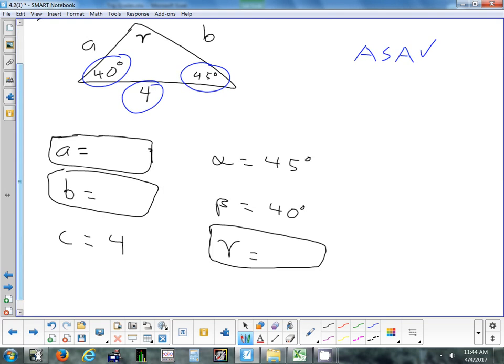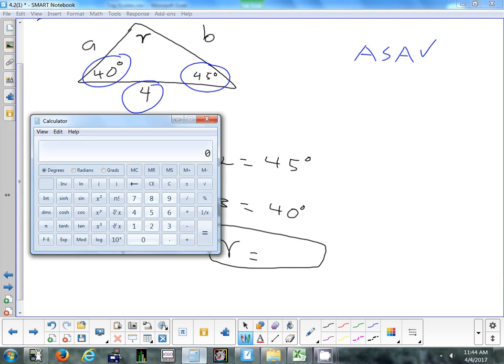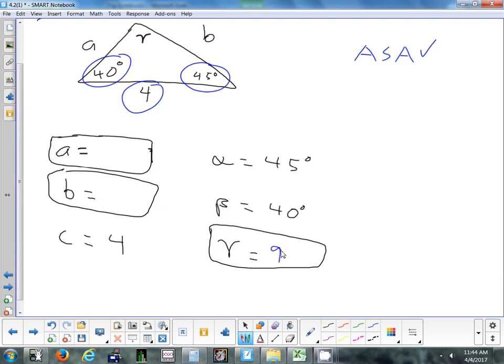Yes. What could I figure out? Yeah, I could find gamma. 45 and 40 is 85. And then subtract that from 180. And you get 95. Now, this one, it's even more important we get this angle right than it was last time. Why do you think it's really important we get 95 right?